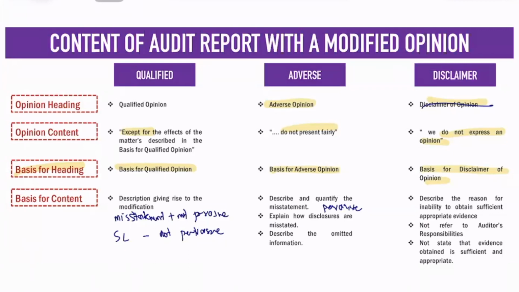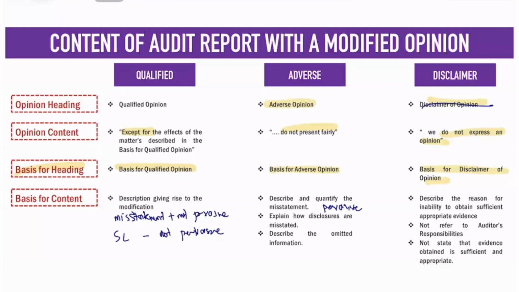In providing the reason for the disclaimer of opinion, of course, it protects the users from inappropriate reliance on the financial statements. Why? Because we did not get any audit evidence, or there is a scope limitation. Therefore, we cannot really express an opinion.